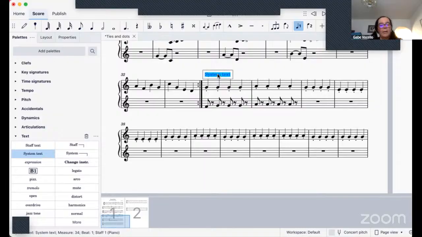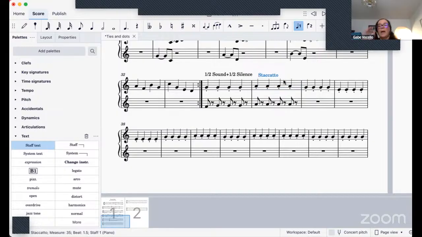So half is sound plus half silence. This is staccato. The name of this dot is staccato.